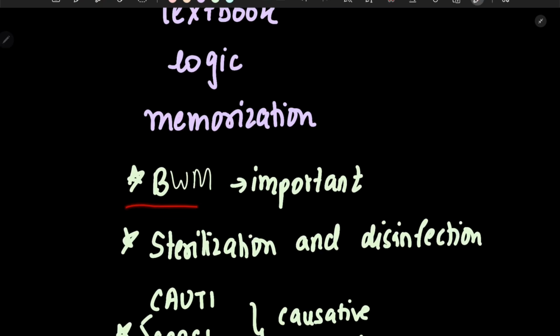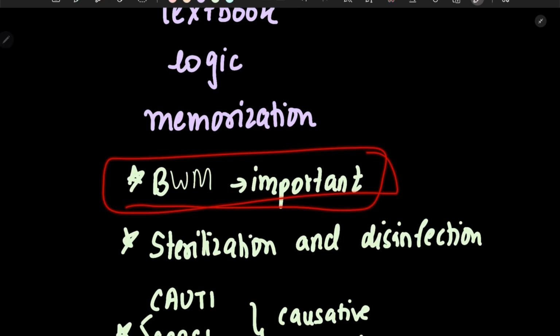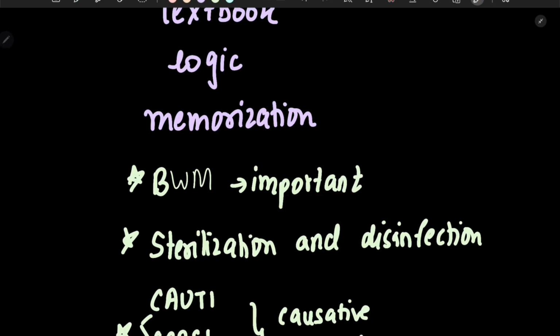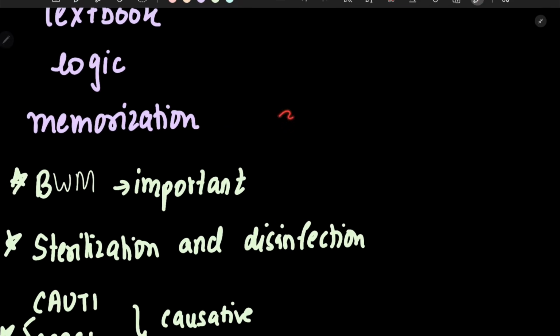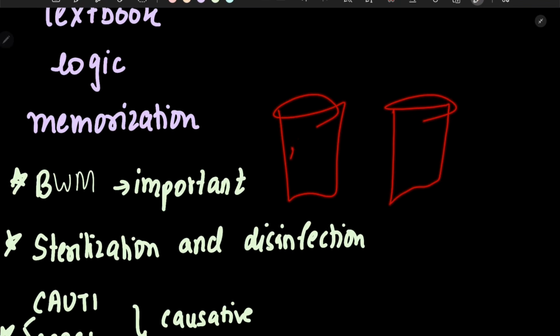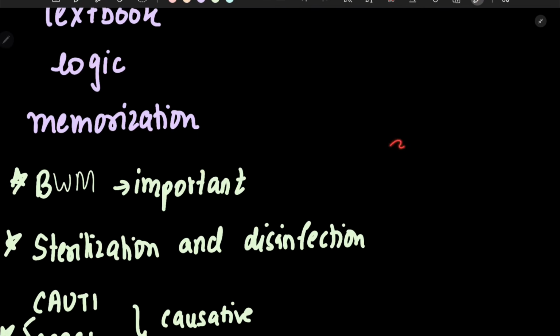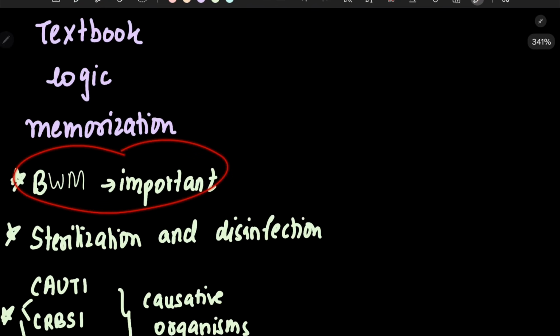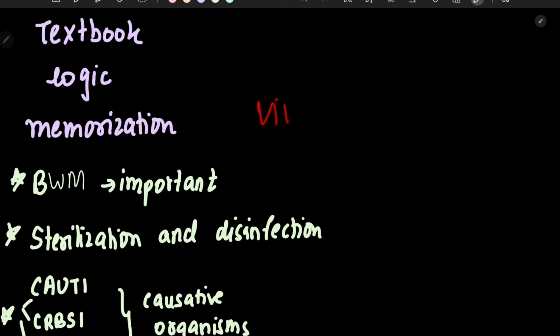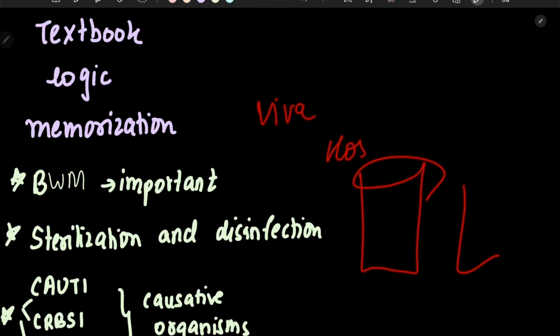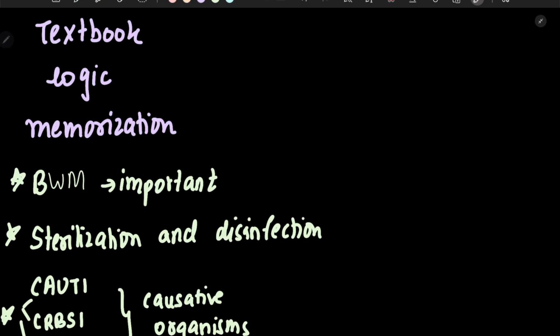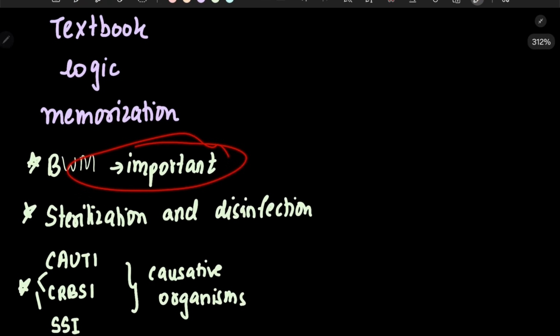You are going to be asked a lot of viva questions from this chapter, like which color bin, what waste goes in, what does the red bin take, what is the yellow bin used for, and so on. So this is very important, not just for your exams but for your viva, and when you are in the hospital you see these colored bins everywhere. So what goes where is very important for your clinical practice.